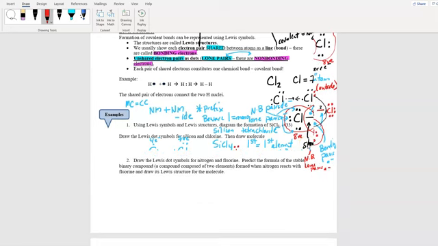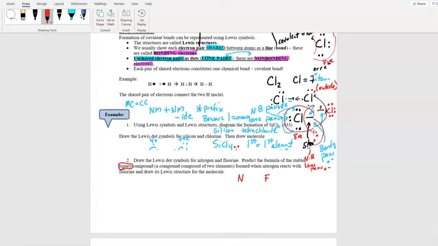Let's try another one. Draw the Lewis dot structure for nitrogen and fluorine. Predict the formula of the stable binary compound formed when nitrogen reacts with fluorine. Binary means only two elements in that compound. Now you can have whatever subscript you want, but you can only have 2 elements if it's a binary compound.